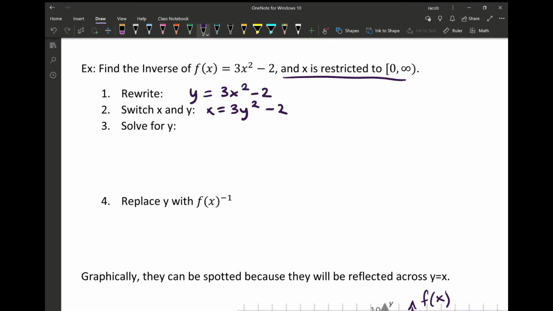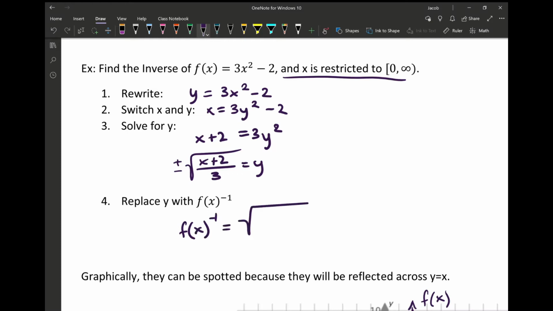And then when we solve for y, we are getting this radical, and we'll replace y with f of x inverse equals radical plus or minus radical x plus 2 over 3.